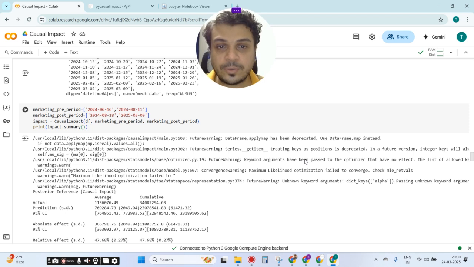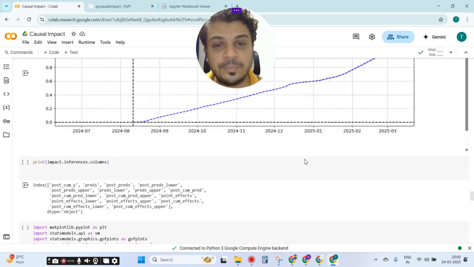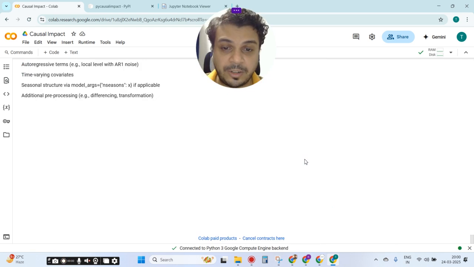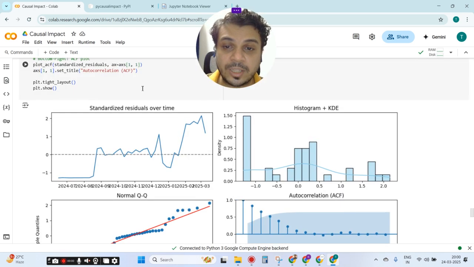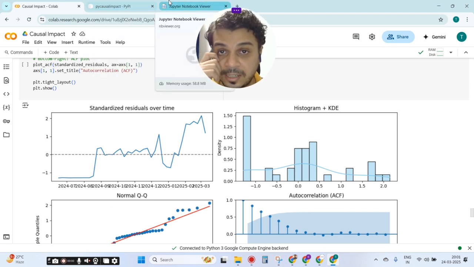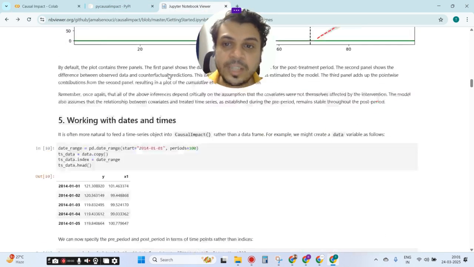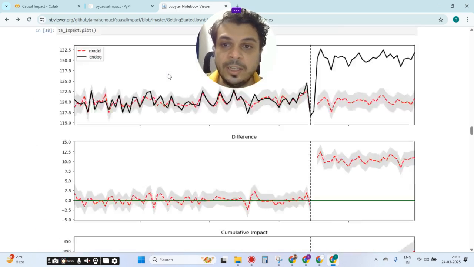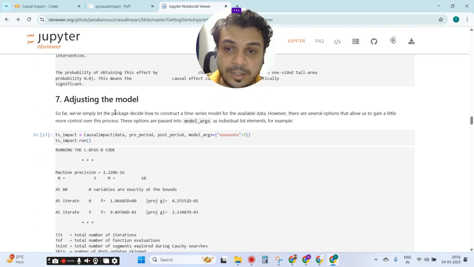So there are some ways to actually customize the model also, and you might be very interested in taking a look at some of those things. This itself is a customization. The basic implementation didn't contain this, but towards the end of this documentation, you see there are sections like adjusting the model, where you can provide some special model arguments like number of seasons.